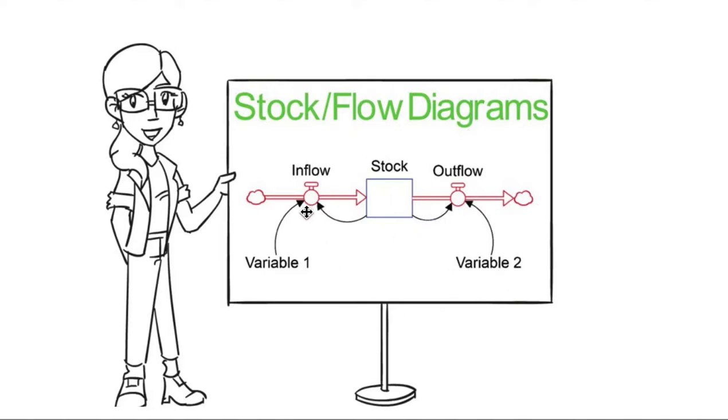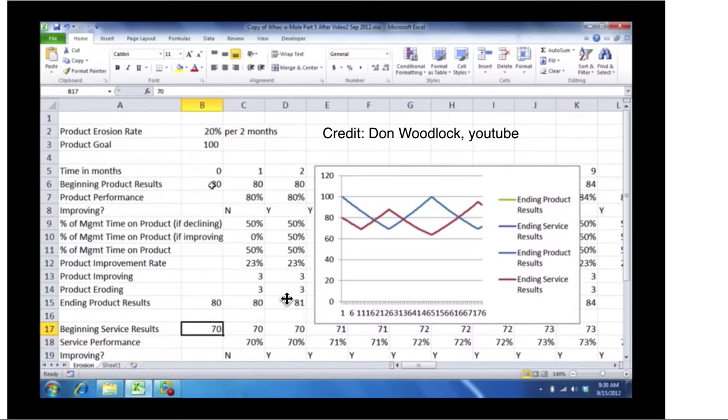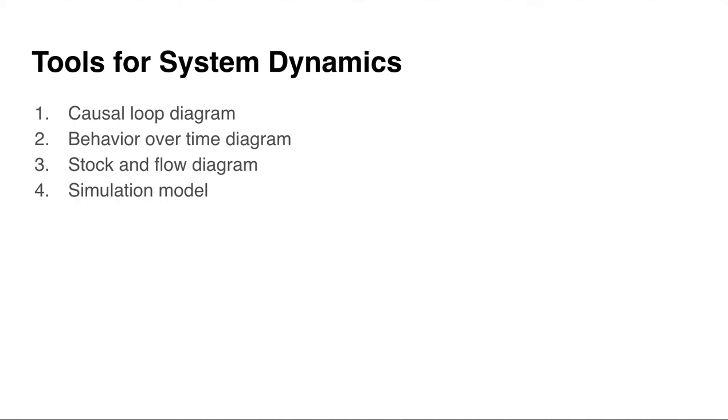Once you have all the inflows, outflows, and all the constants that impact them, you could start modeling this in Excel, based on the complexity. Once you start modeling this in Excel, you can start measuring over time and building models that tell you how your system will perform over time. So those are the four typical tools for system dynamics that are commonly used.